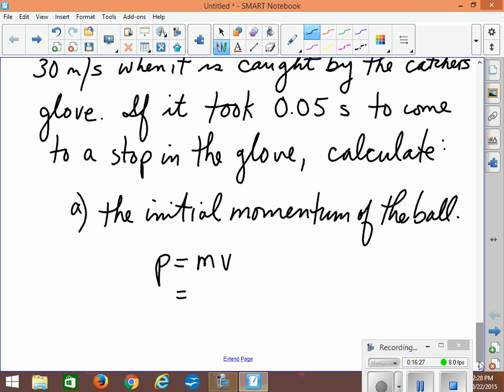Vectors, remember. I said the mass of the ball was 0.15, and initially the ball is moving at 30 meters per second, and so that comes out to 4.5 kilogram meters per second.